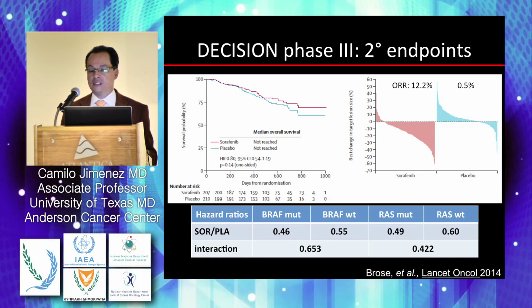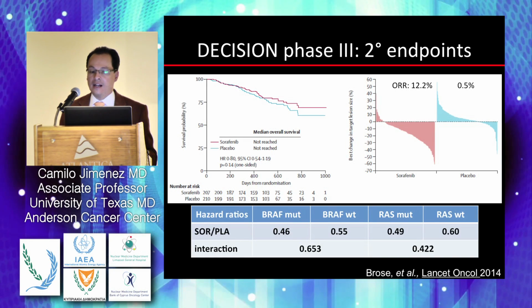In blue, you will see the placebo, and in red, you will see the sorafenib group. We consider a partial response whenever we observed in our patients a reduction in tumor size when compared with baseline of about 30% of tumor size. When you look at sorafenib, there was a reduction that was bigger than 30% in approximately 12.2% of our patients. That was only seen in one patient in the placebo group.